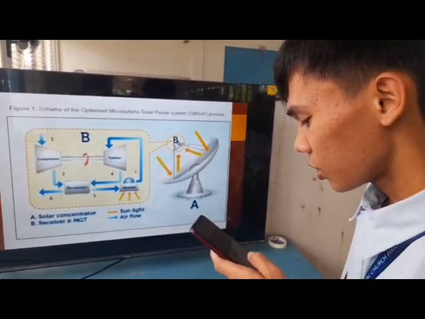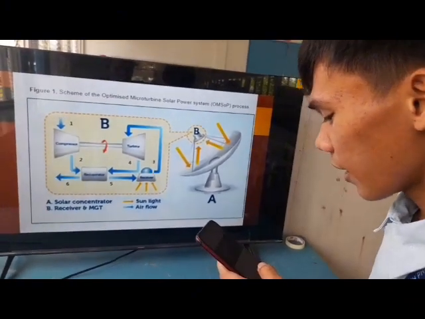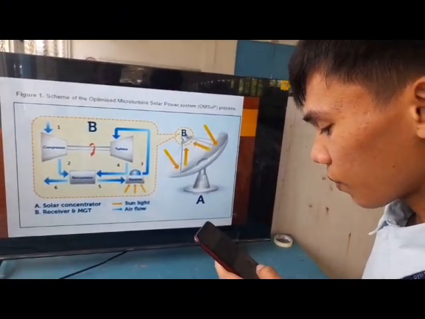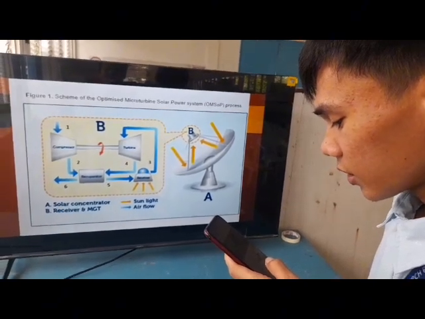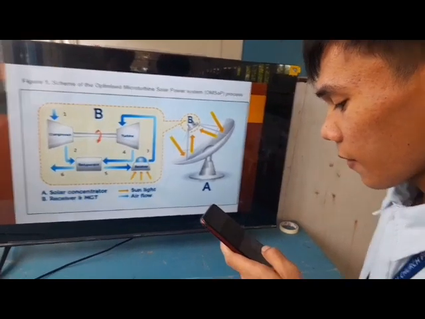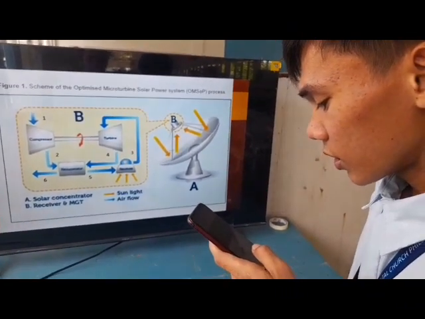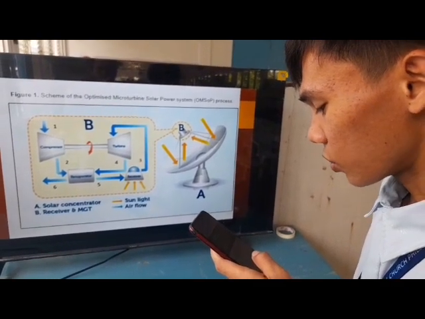Application: parabolic dish systems are versatile and can be used for both centralized power generation and distributed applications such as providing power to remote locations or serving as a backup power source.